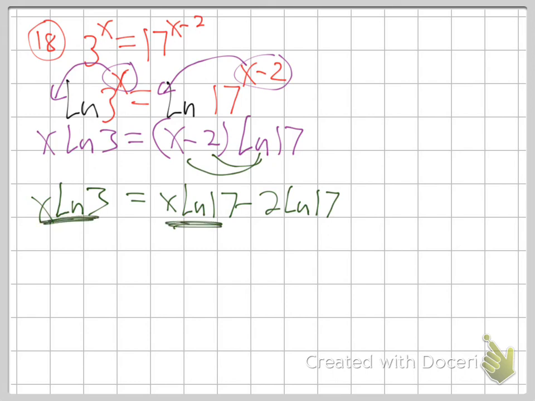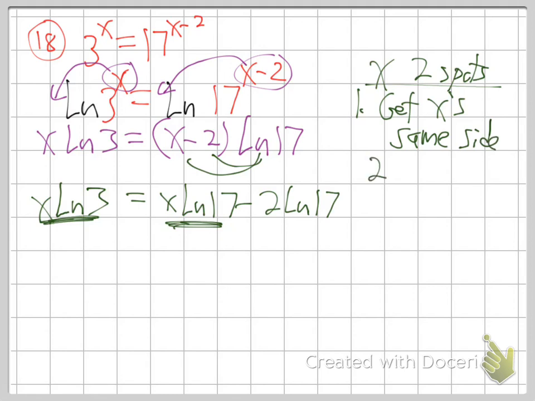When you have an equation and the x that you're trying to solve for is in 2 spots, remember what you do? You get those 2 on the same side. So when x is in 2 spots, number 1, get the x's on the same side. Step 2, factor out x.